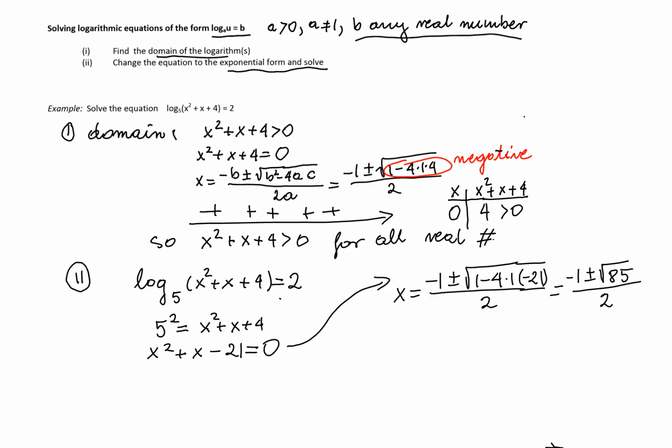So these are the solutions. Since there are no restrictions on the domain, any value of x is good in the equation. Therefore, these are the solutions of that equation.